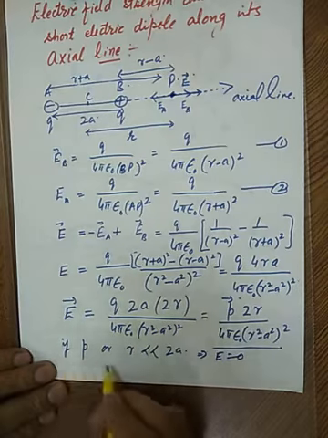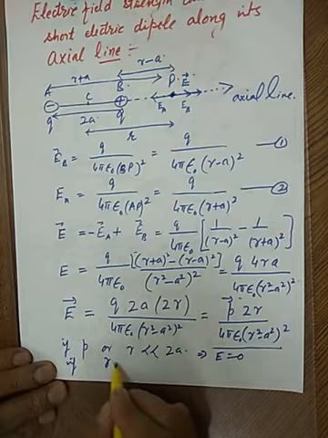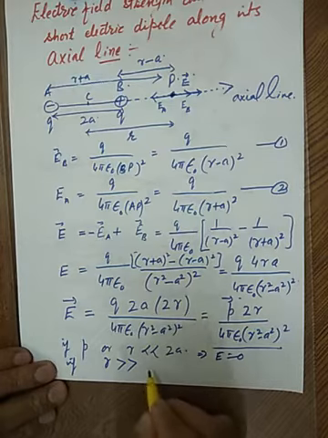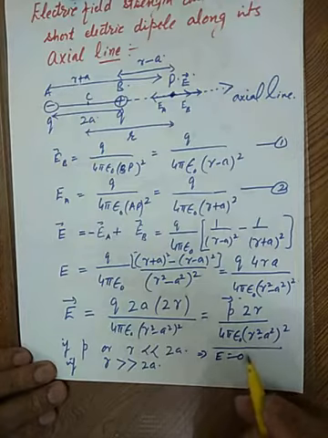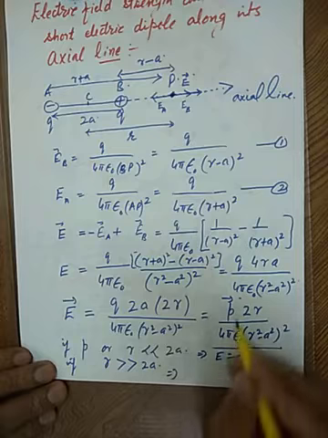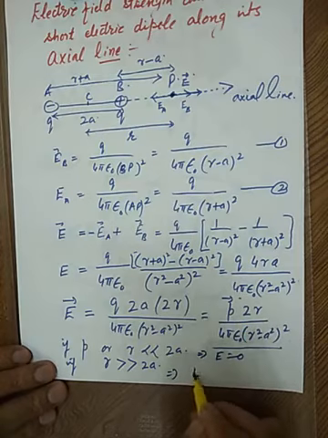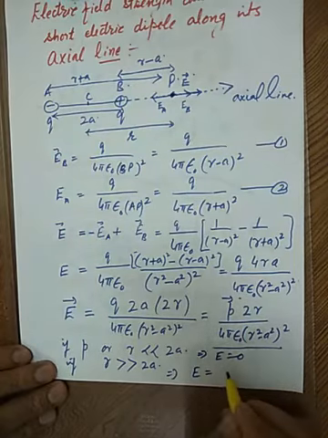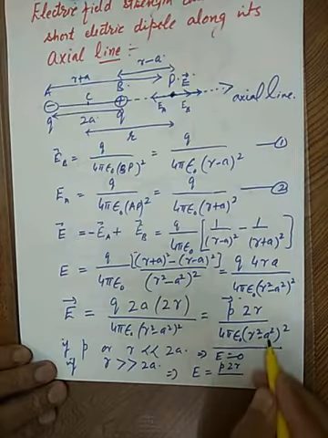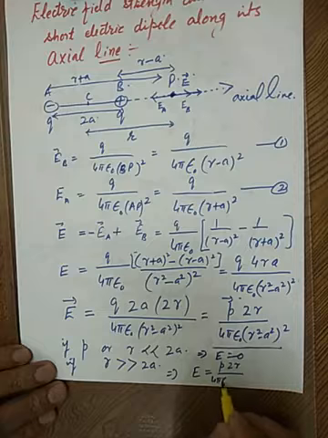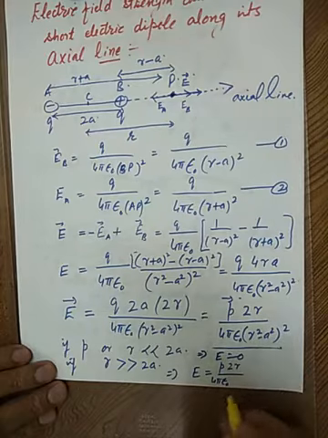But in another way, if r is very large compared to the dipole length, then a can be neglected. When we neglect a in this equation, E is equal to p into 2r upon 4 pi epsilon naught r to the power 4.